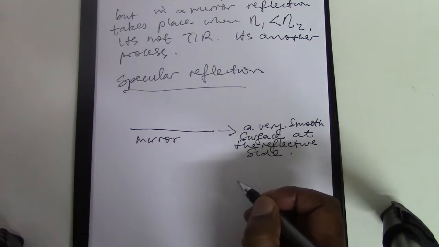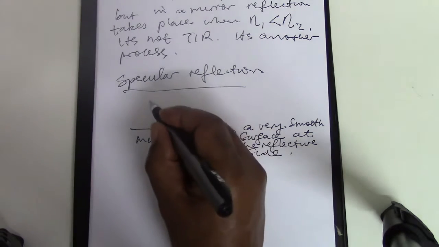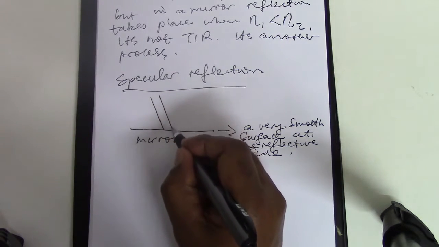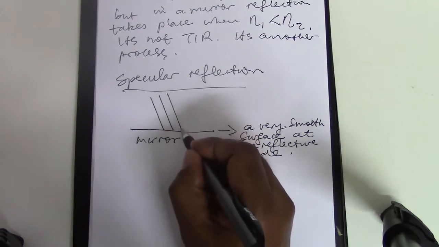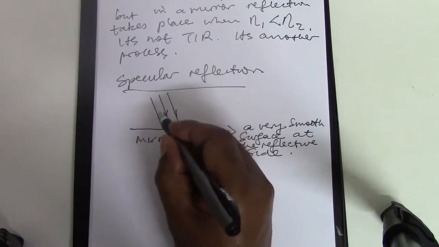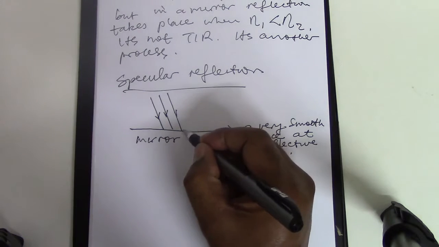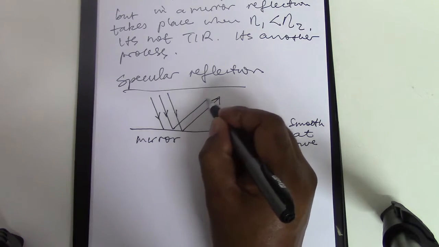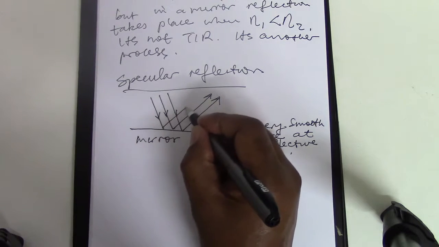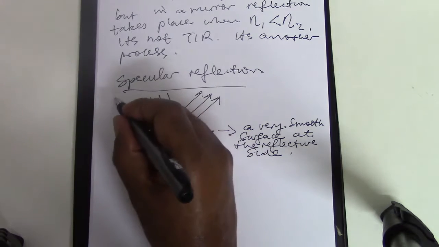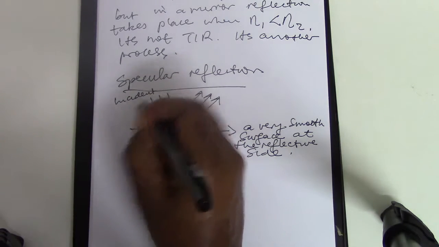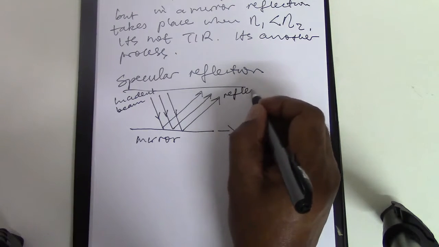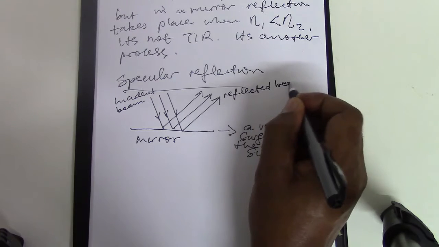How does this help reflection? When light approaches the mirror, let's suppose we take parallel rays which are incident on the mirror. As they come in, these rays are reflected in the same manner in which they came in. This is the incident beam. And this is the reflected beam.